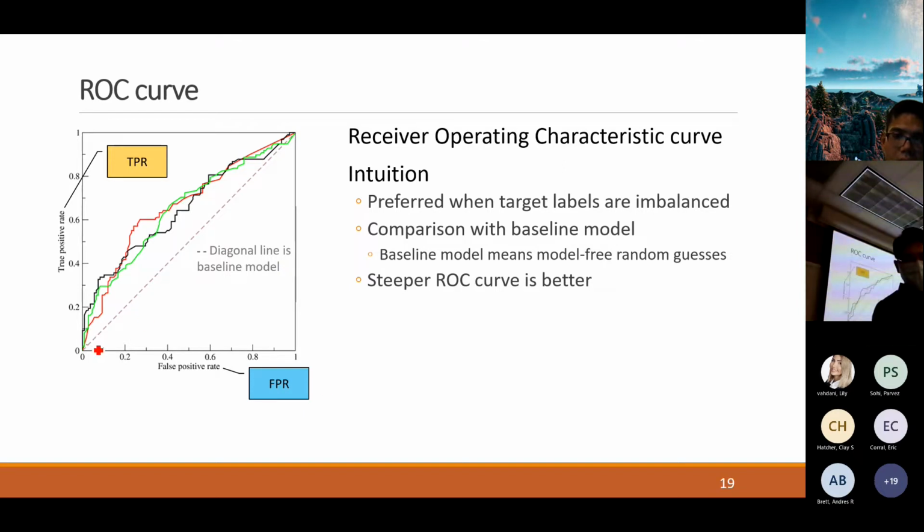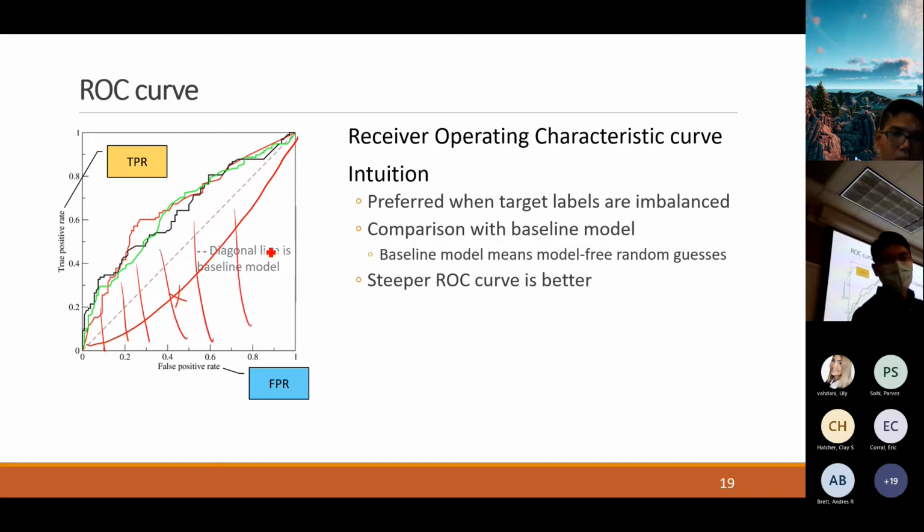If you have a model that goes below it, you can throw it away immediately, because that's not even as good as a random guess. So you always tend to have a model with a concave curve, and if you calculate the geometric area below the line for a particular curve, that would be the AUC, and C refers to curve.